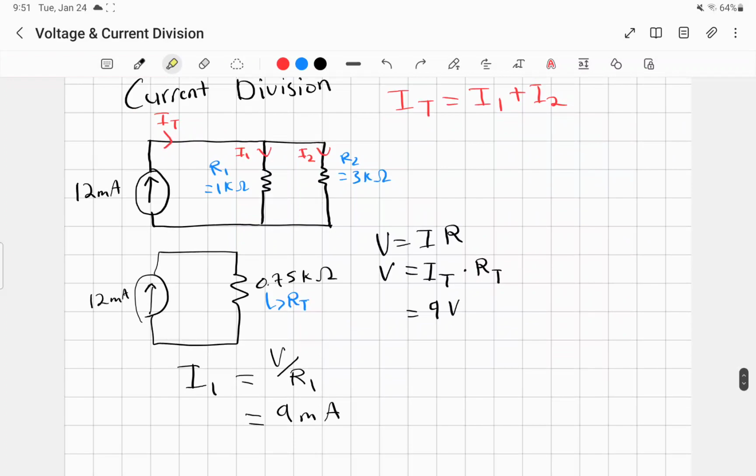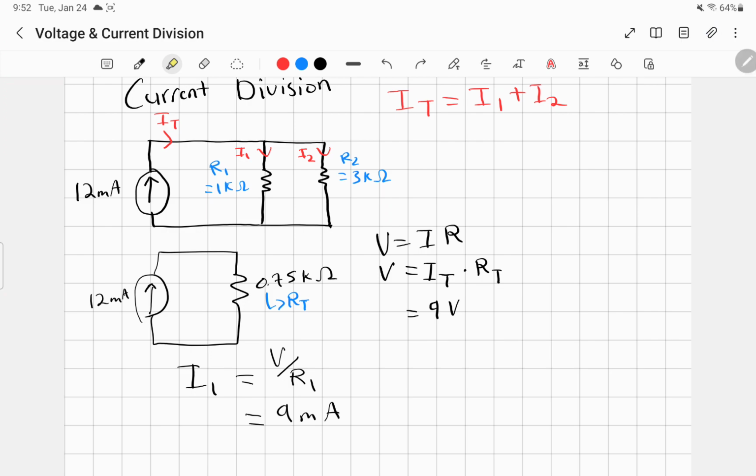The smaller resistor has a larger current through it, and the bigger resistor has a smaller current through it. That's because current is inversely related to resistance, as opposed to voltage being directly proportional to resistance. So that's reflected in Ohm's law.